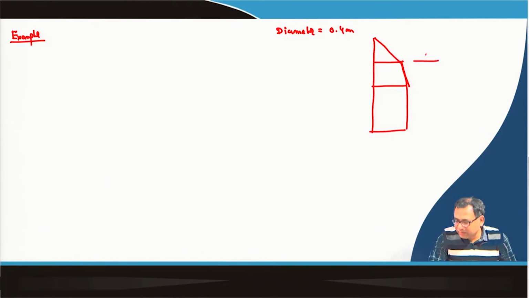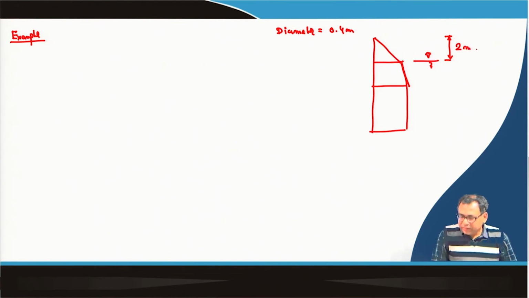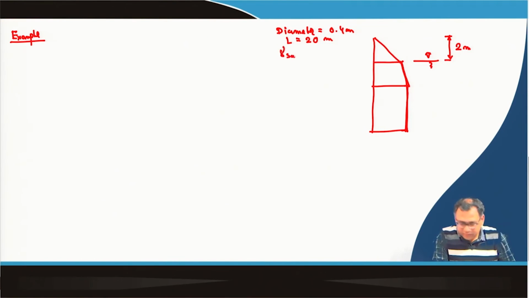Here the water table is present at a depth of 2 meter. Diameter is 0.4 meter. Then the length of the pile is 20 meter. Then gamma sat is given 19.5 kilonewton per meter cube.